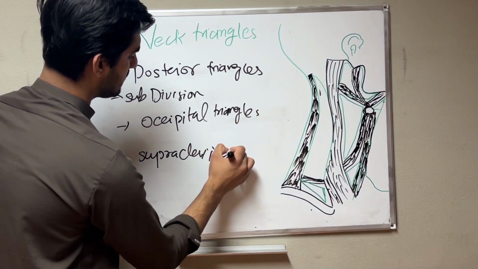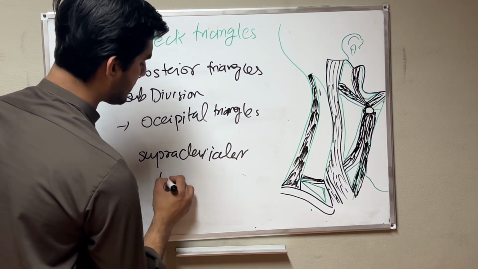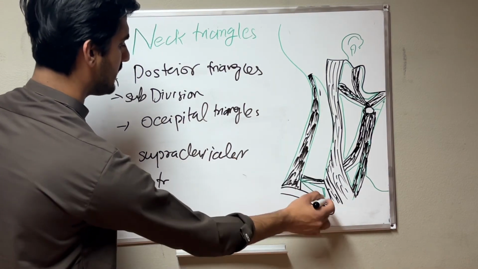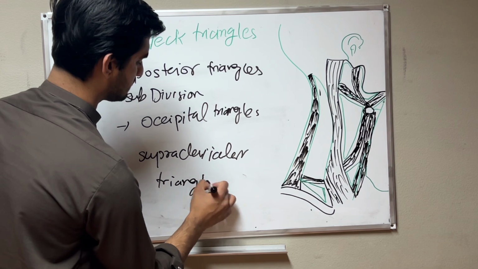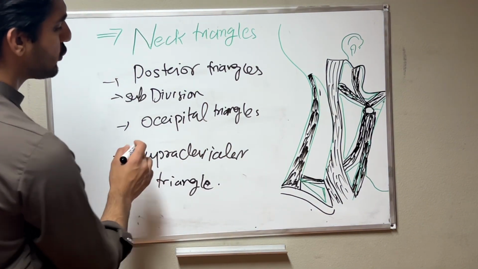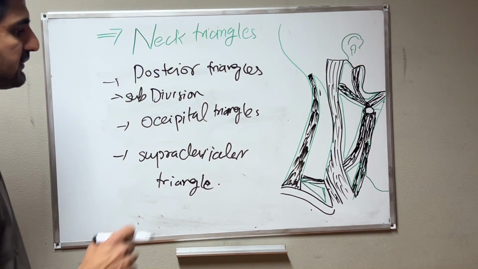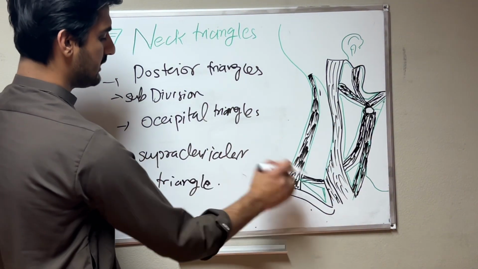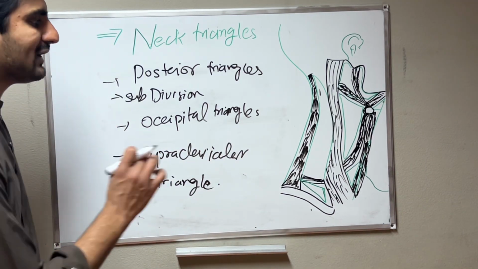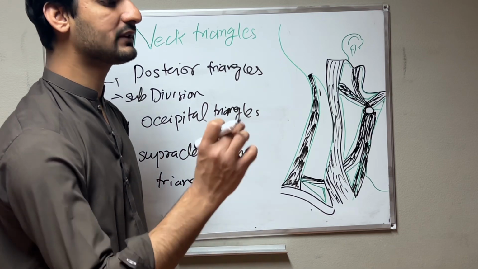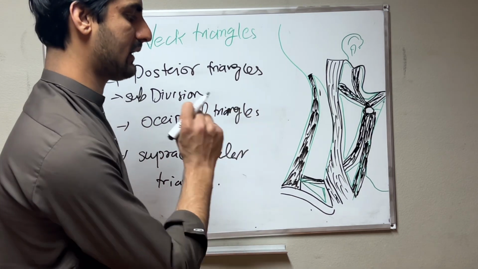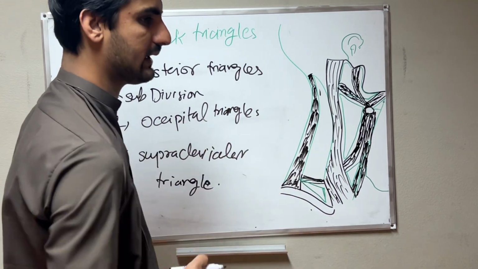It is called supraclavicular because it lies above the clavicle bone. These are the two subdivisions of the posterior triangle, the occipital triangle and the supraclavicular triangle. Now we will go into each triangle and discuss its contents.